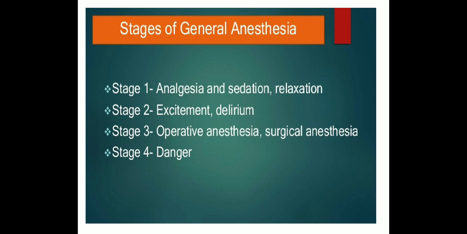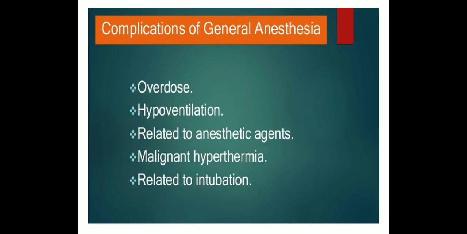Then the third stage is known as operative anesthesia or surgical anesthesia, where the actual surgery will take place and the patient will not know anything regarding the surgery. But if the patient goes to the fourth stage, then there will be a complication or threat to life, as it is known as the danger state of anesthesia.